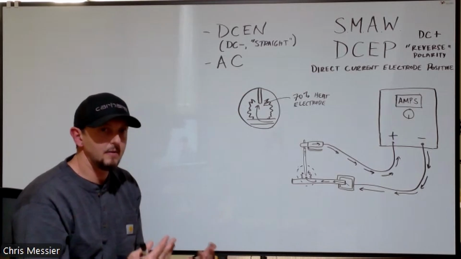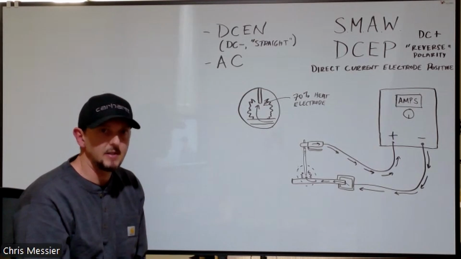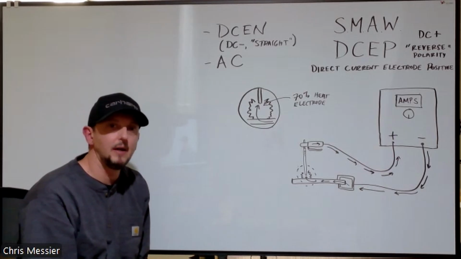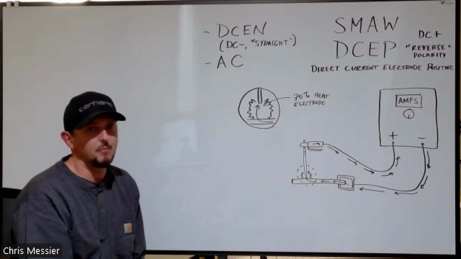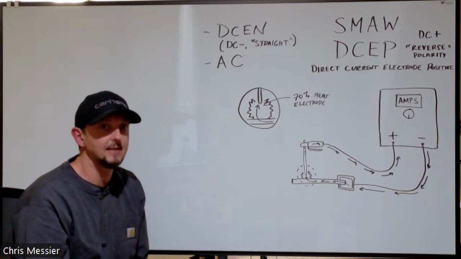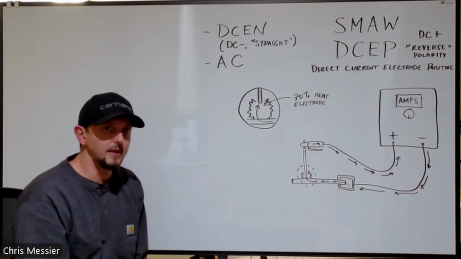You come around a lot of people who do know this, especially experienced people or educated people who went to school to learn to weld. But you will come across a lot of people who have no idea what polarity is, who are working as welders out there. So it's something that's really important for you to know.